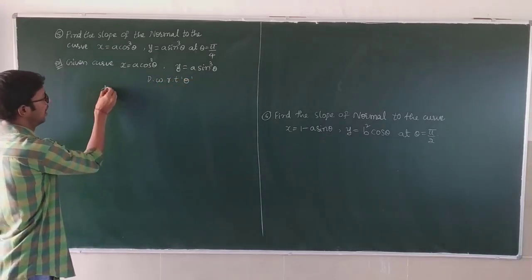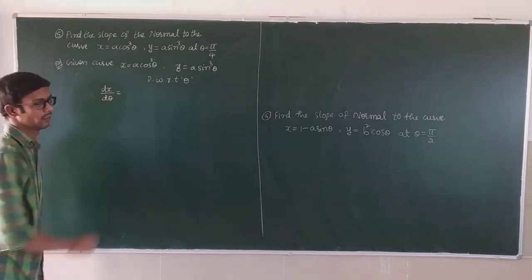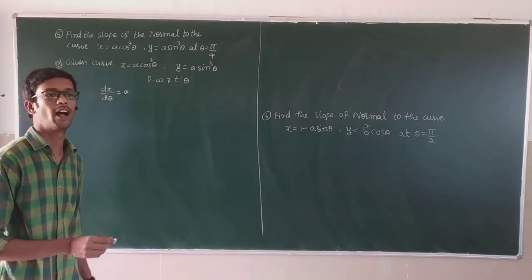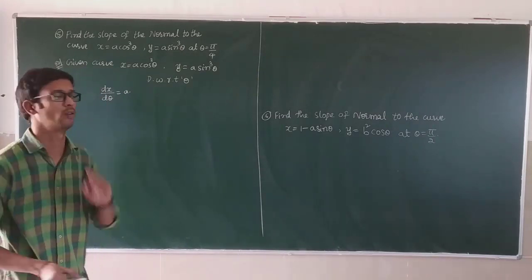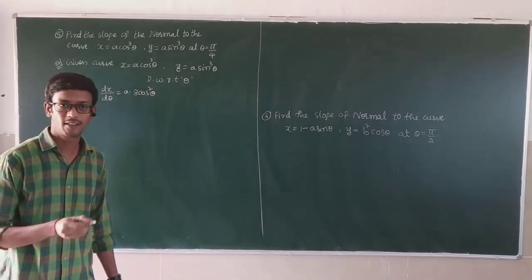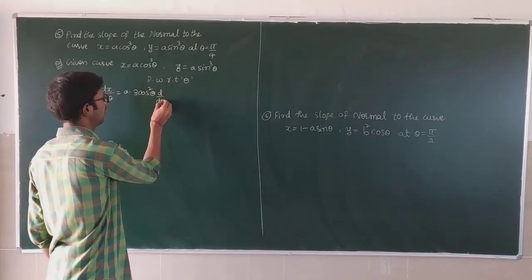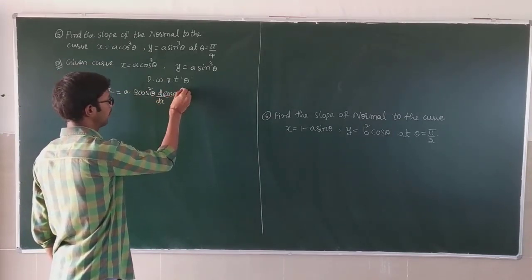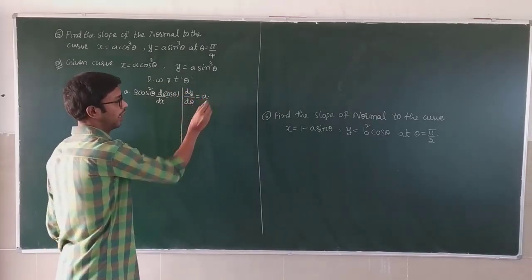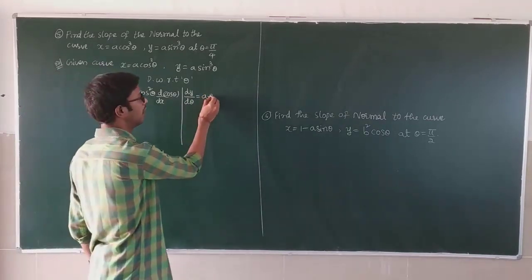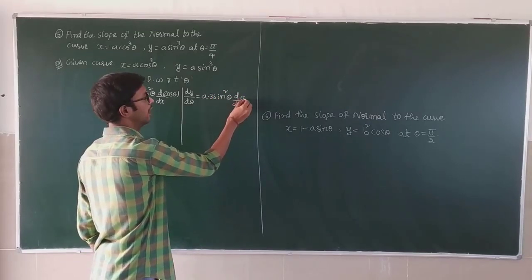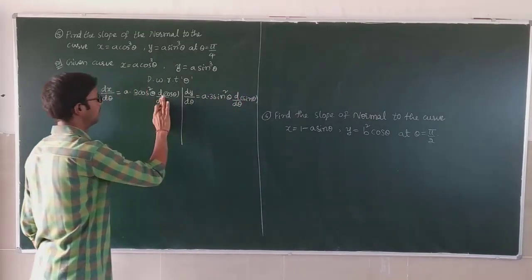How much will we get? dx by d theta is equal to a into cos cube theta derivative. First think of it as x cube: 3x square, and in place of x, cos theta is there, so the derivative of cos theta. Next, dy by d theta is equal to a into sin cube theta: 3 sin square theta, and in place of x, sin theta is there, so the derivative of sin theta with respect to theta.